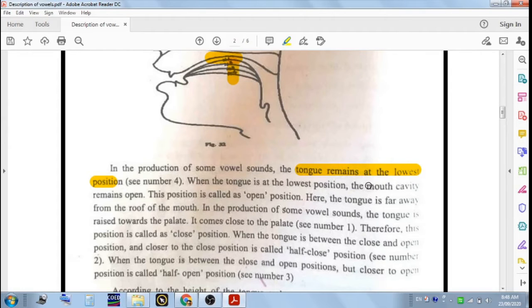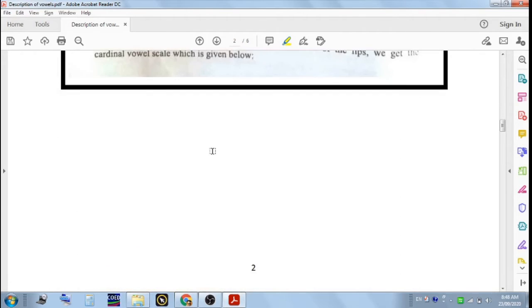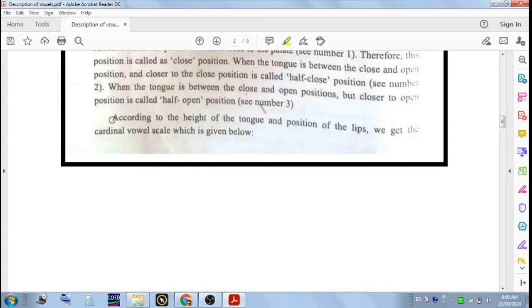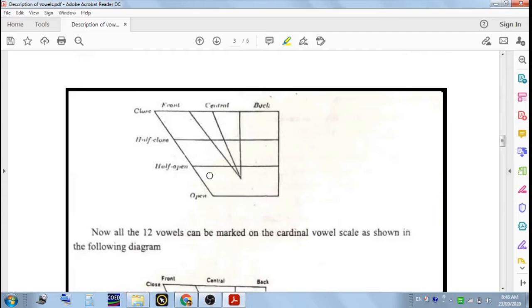At that time the mouth cavity remains open. So as the tongue is raised towards the palate, this mouth cavity closes itself. So according to the height of the tongue and position of the lips, we get the cardinal vowel scale, which is given below here.